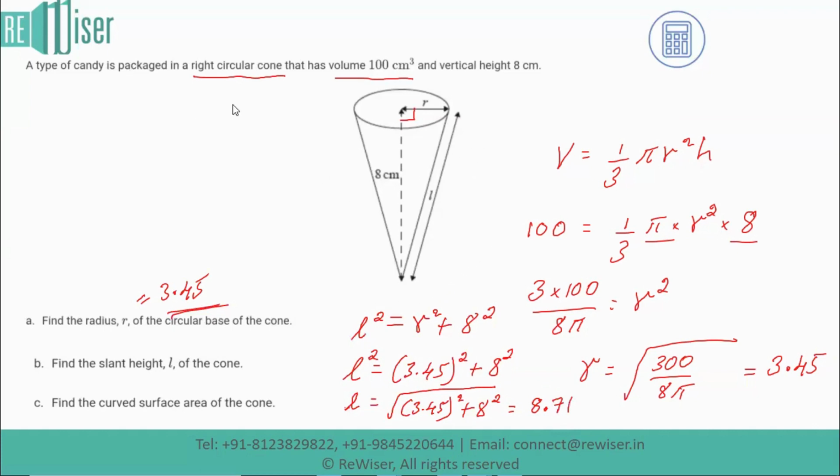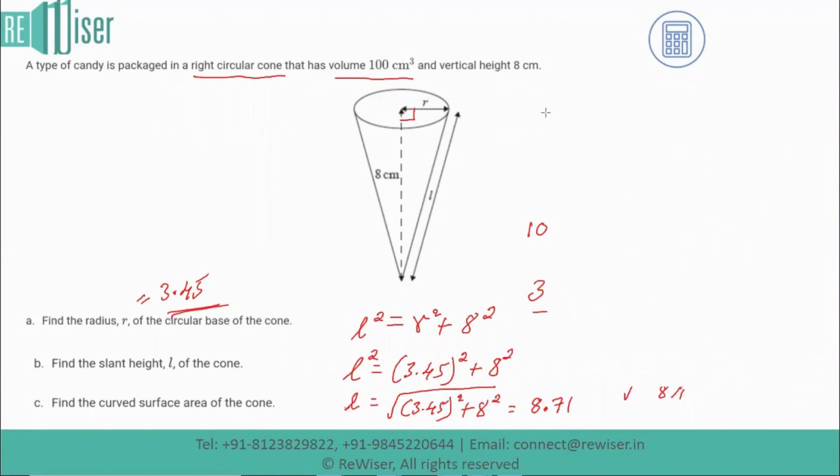Now, if I need to find the surface area, here we are talking about finding only the curved surface area, that means excluding the circle. The curved surface area of a cone is just π r L, where L is the slant height.